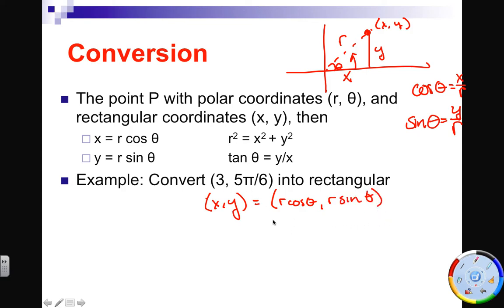I have my r is 3, so 3 cosine of 5 pi over 6 and 3 sine of 5 pi over 6. And you plug that in your calculator, and you should get negative 2.6 comma 1.5, which kind of makes sense because (3, 5 pi over 6) is in quadrant 2, and we get negative and positive in quadrant 2.